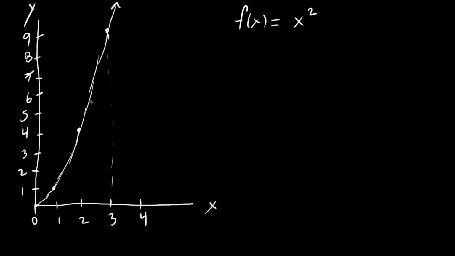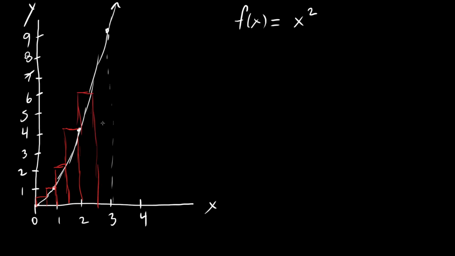Imagine if we made the width of the rectangle not 1, but half. So here, that would look like that. And then we use the same methodology. We take the value of y on the right side of the rectangle. So this is what it's going to look like as we keep adding rectangles. And this is going to be somewhere around here.